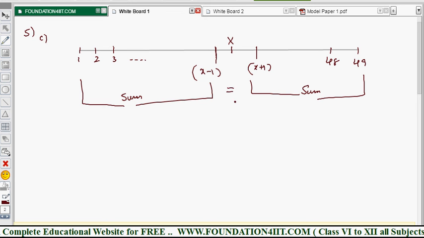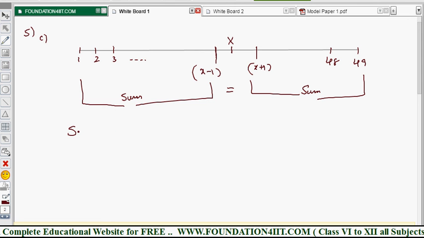Hence the house numbers are in AP. So as per the question, the sum of the houses from 1 to x minus 1 is equal to the sum of the numbers from x plus 1 to 49. That's the condition. We need to find out which number it is. It's not exactly the center; x is somewhere such that the previous number addition and next number addition come out the same. So I'll show this.